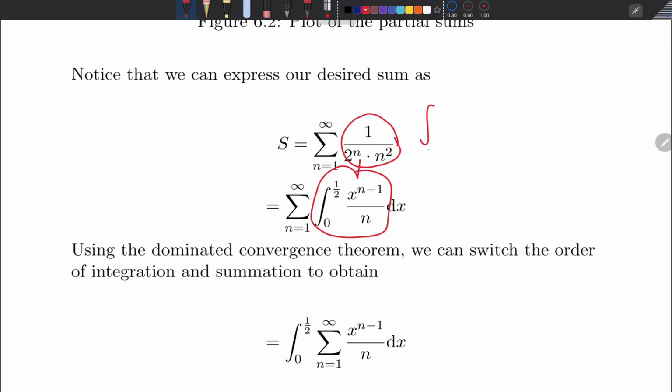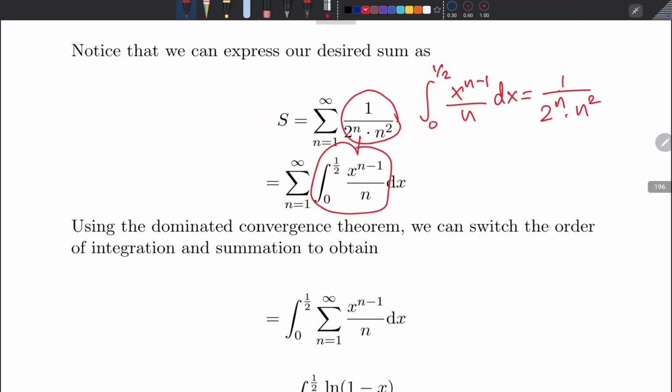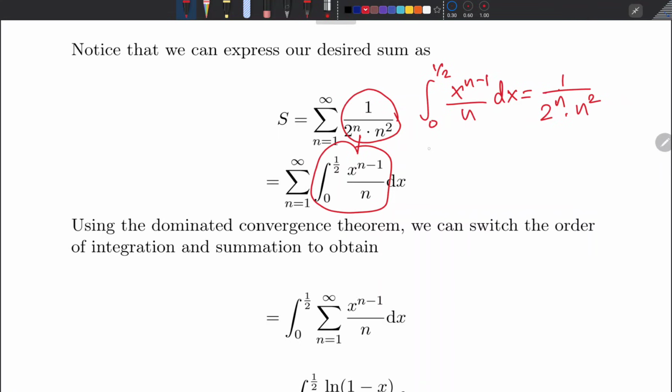When you integrate from 0 to 1/2 of x to the n minus 1 over n dx, what you get back is 1 over 2 to the n times n squared. You can check that out once, because it's pretty easy. We have x to the n over n from 0 to 1 over 2, and that gives us 1 over 2 to the n times n squared. So it's pretty easy.